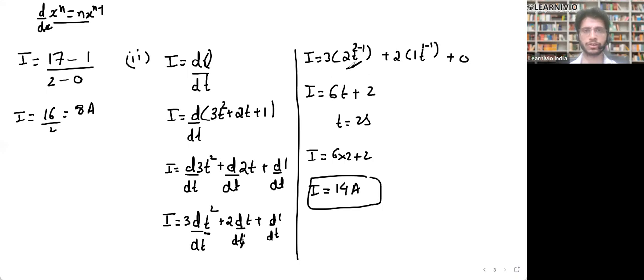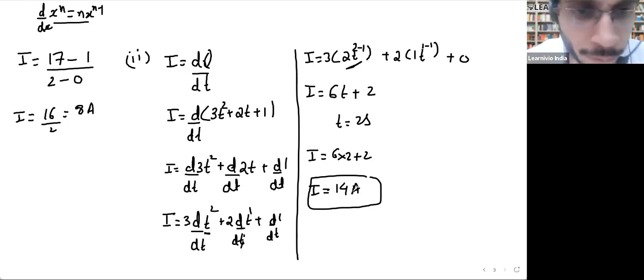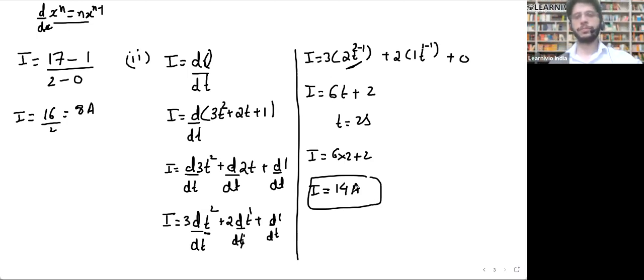Similarly here the power is 1, so I will write this as 1t to the power 1 minus 1. T to the power 1 minus 1 is t to the power 0. Anything to the power 0 is 1. So that's 6t plus 2. If you put t equal to 2, then it will be 6 into 2 plus 2, which is 14 ampere. Clear? Yes, sir.